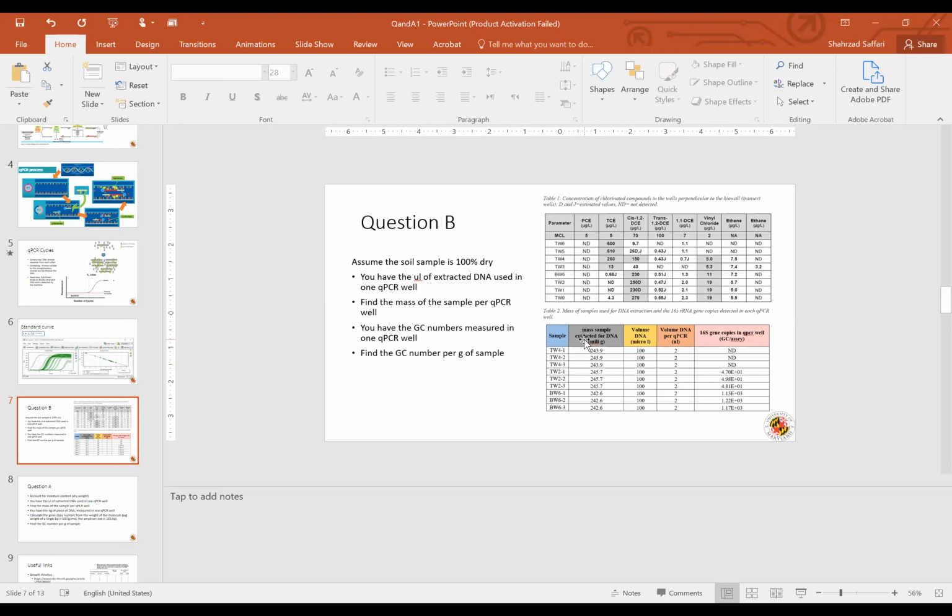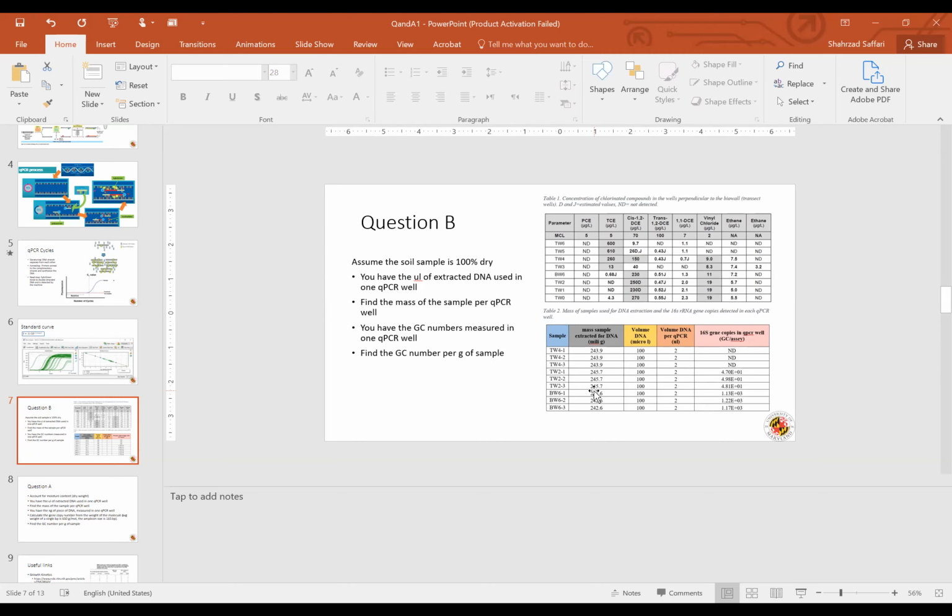So the idea is that there are soil samples that we have collected from 3 different locations in the site, and we are looking for a specific bacteria, this time the Elephocoides. And these are the qPCR results, basically. So you have the gene copy numbers per qPCR well, and you also have how much DNA was extracted.